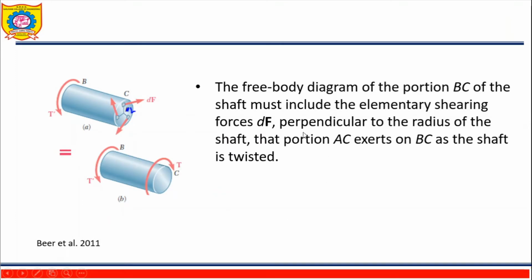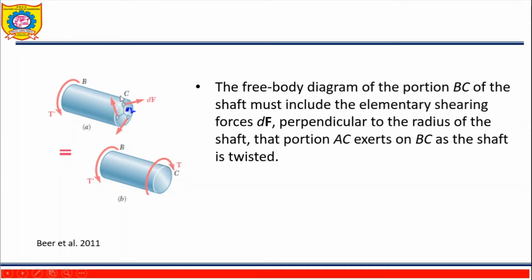We'll draw the free body diagram. Normally, torque is force into distance, F into R. At a distance of radius R, the force will be developed and the torque will be applied. At the point C, forces are developed at a distance of R.